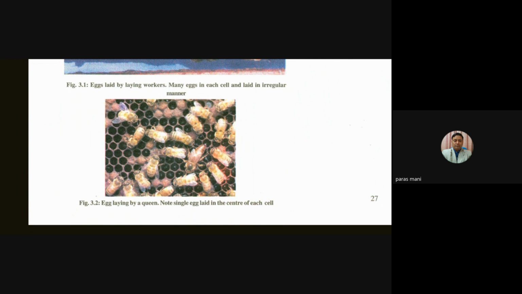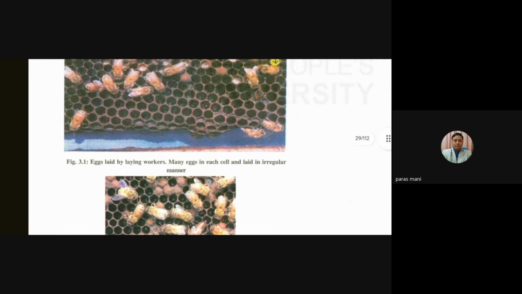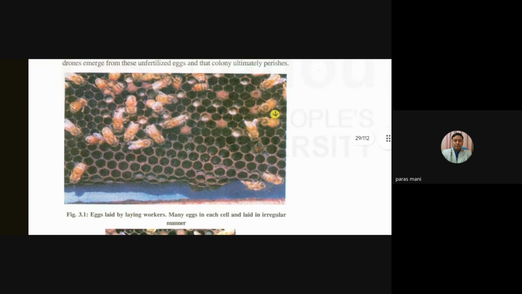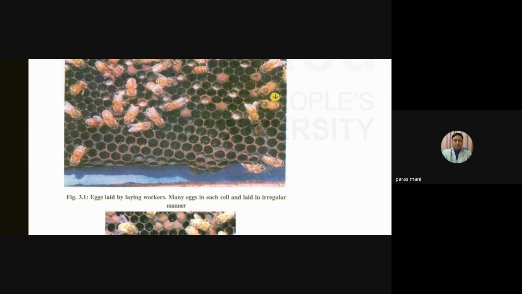Yeah, in this picture, you can see the eggs laid by the queen, which is only a single egg laid at the center of each cell. In case of laying workers colony, there will be multiple eggs, not in a regular manner, that is irregular manner.